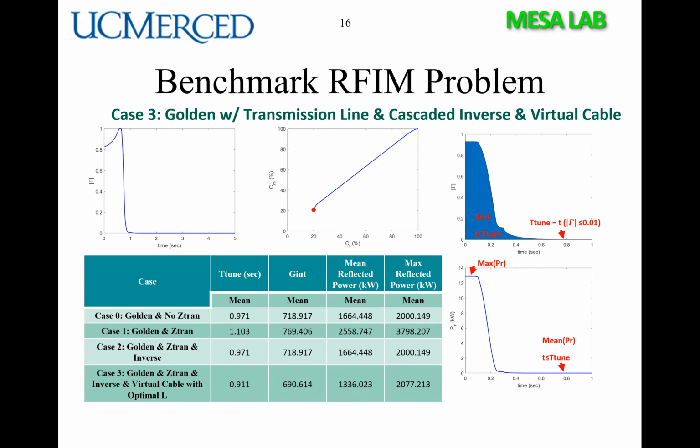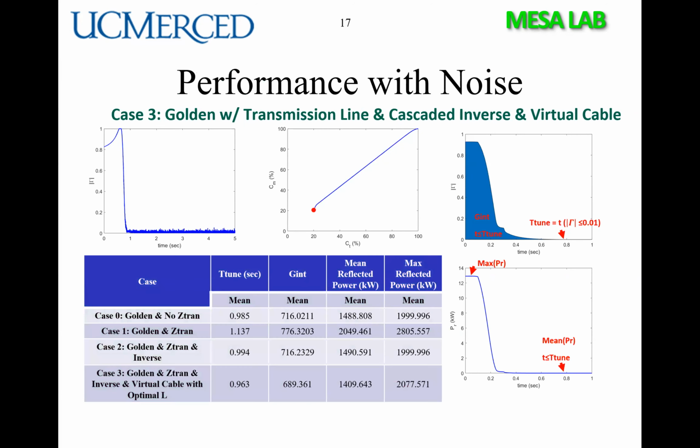If we add it as case 3, the golden scenario where we canceled out the transmission line effect with the inverse model and introduced the virtual cable with the optimal length, we can see that we did better than the best case scenario where we just cancel out the bad effects of the transmission line, which infers that we can still do better. Instead of just canceling out the transmission line by the inverse, we can do better with the virtual cable.